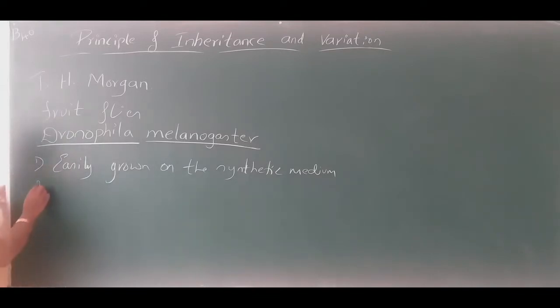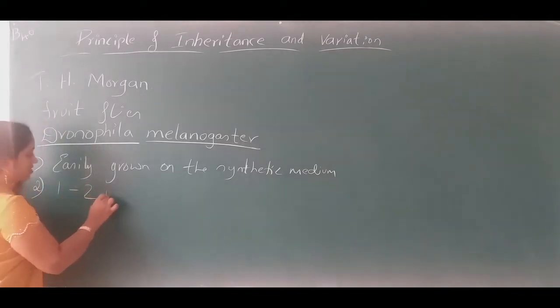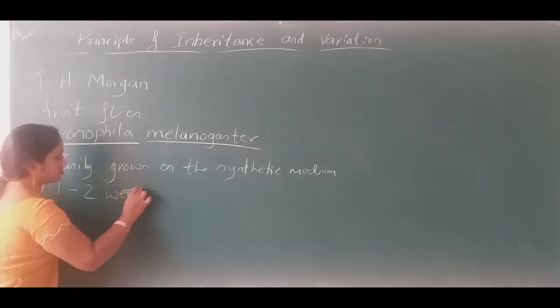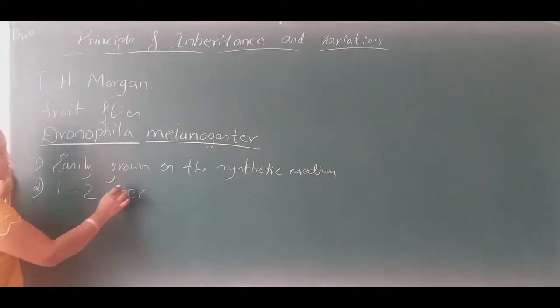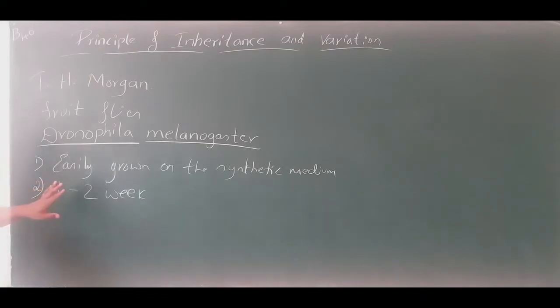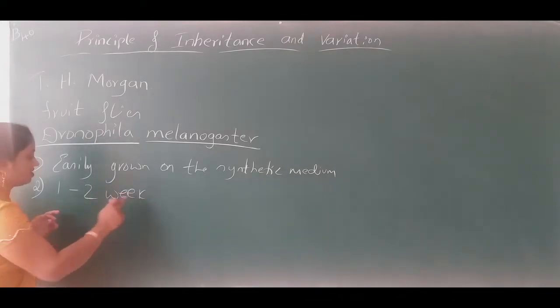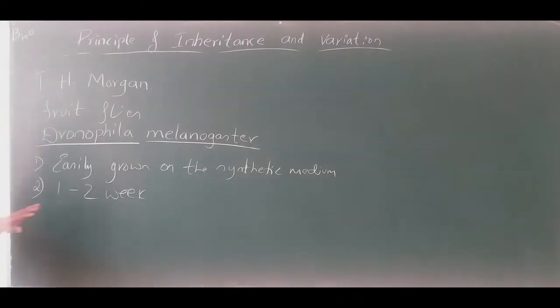And the second one is that their life cycle ends in 1 to 2 weeks. It means the egg stage, then larva, then pupa, it completes its life cycle within 2 weeks. So in a short term he can grow a number of fruit flies.